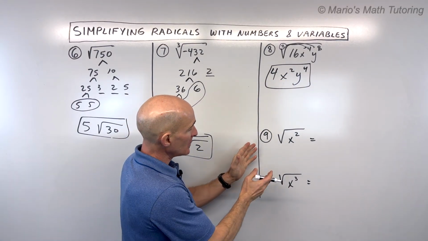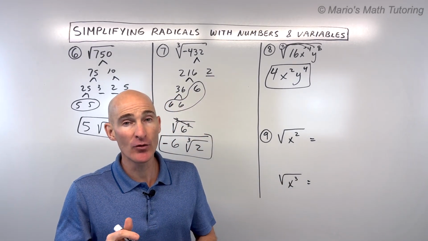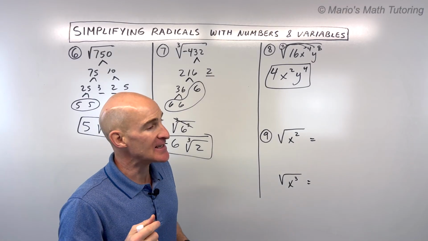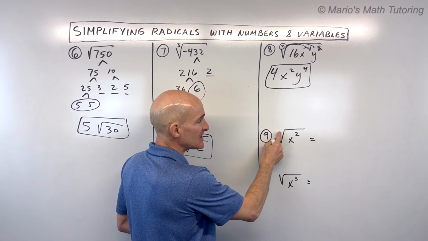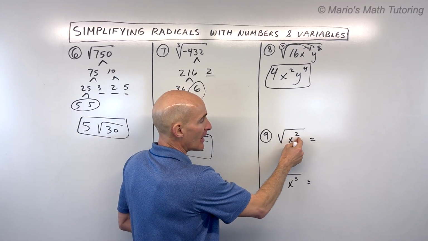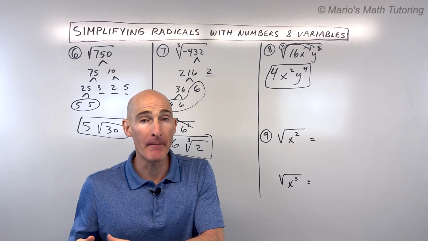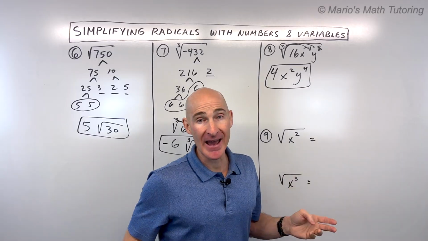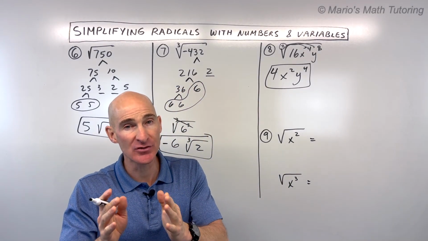So what I want to illustrate here in example number 9 is, when do we use these absolute value bars? If you want to make a little note to yourself, which I recommend: if you take the even root, so if this index is even, of a quantity underneath that's raised to an even power, and your final result ends up in an odd exponent, or an odd power, then you're going to have to put the absolute value bars.